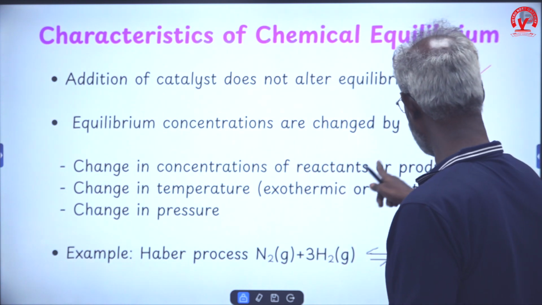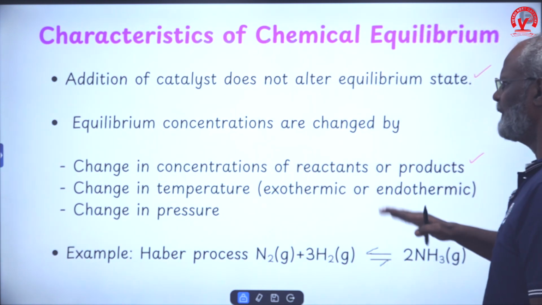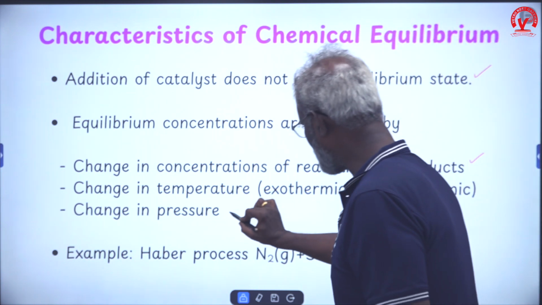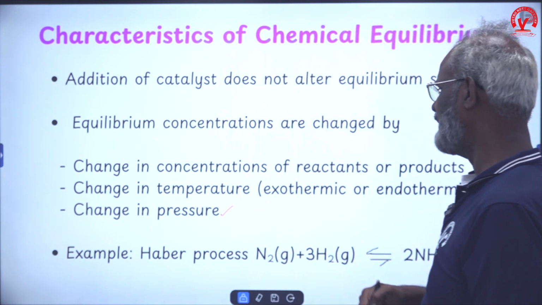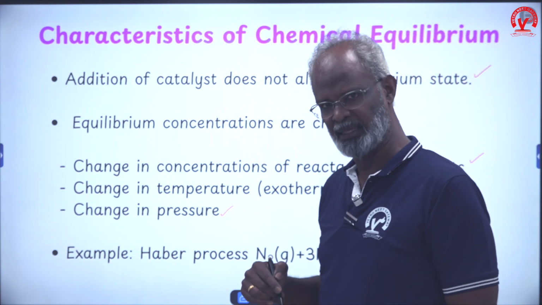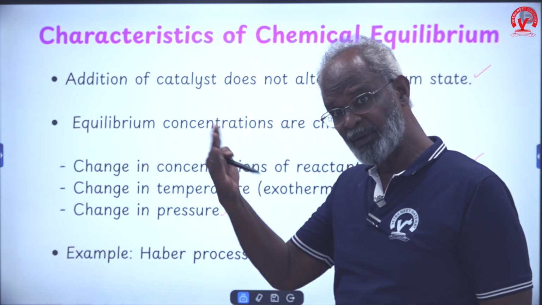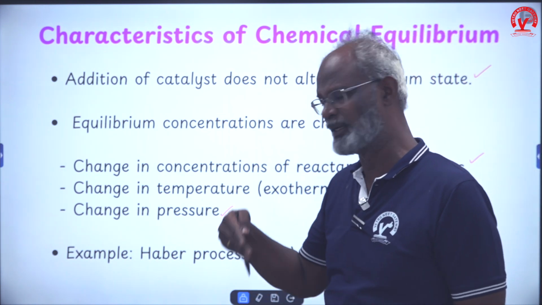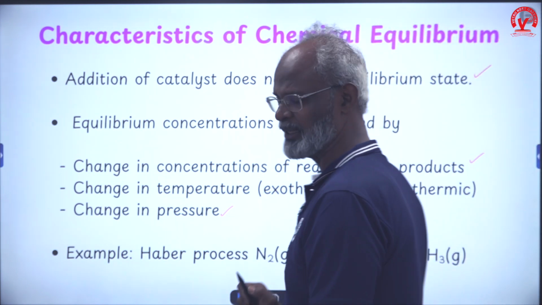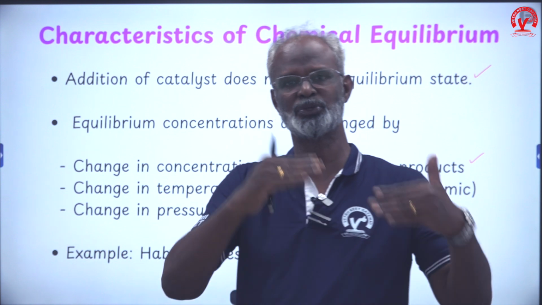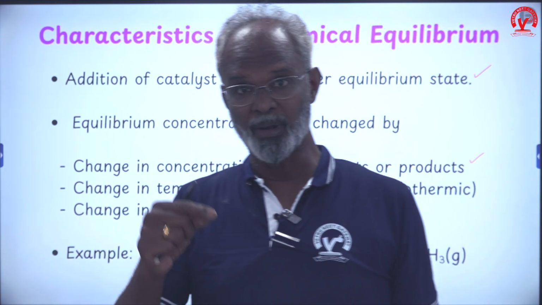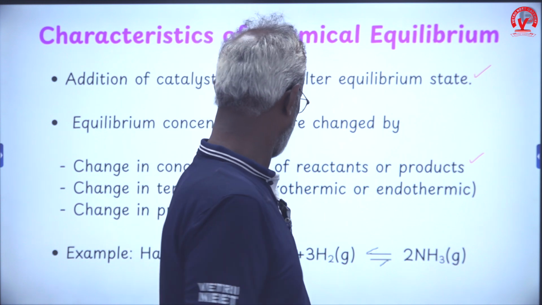By changing pressure, again you can change the equilibrium concentrations, but the equilibrium constant does not change because the relative concentration of products and reactants will remain the same. But if you change the temperature, then the equilibrium shifts to another state of equilibrium, where the equilibrium constant actually changes, right?